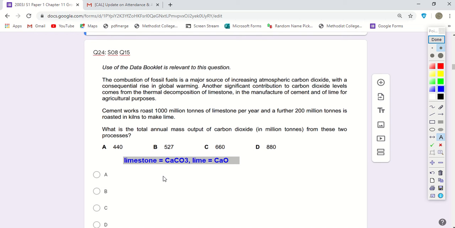But calcium oxide is not important here because they only want you to find carbon dioxide. But if you know what is limestone, what is lime, you can guess what's the reaction involved here. It is actually calcium carbonate decomposed to calcium oxide and carbon dioxide.